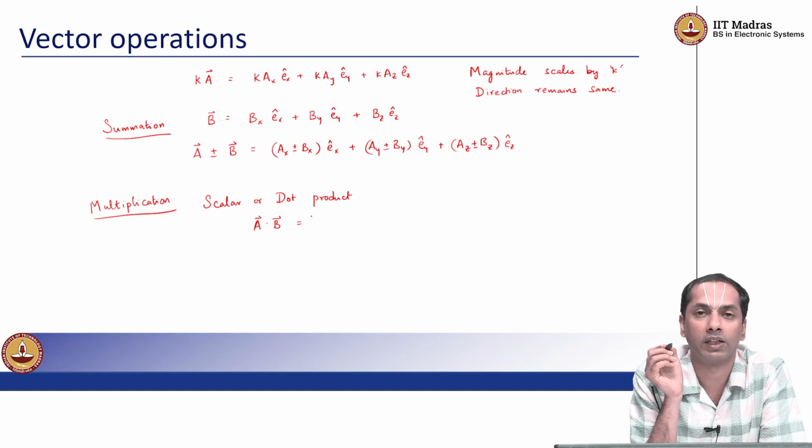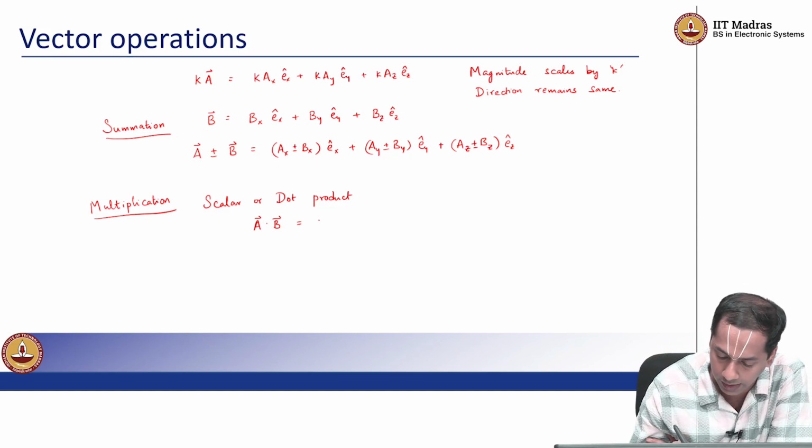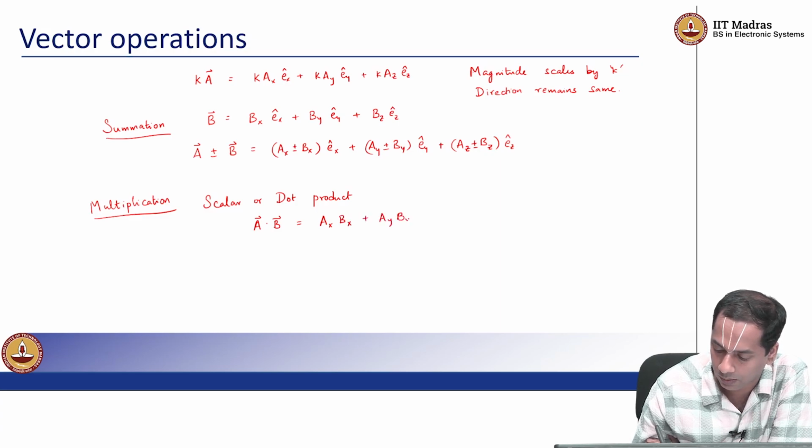So I take two vectors A and B, and when I take the dot product, I actually get a scalar, which is equal to AxBx plus AyBy plus AzBz.